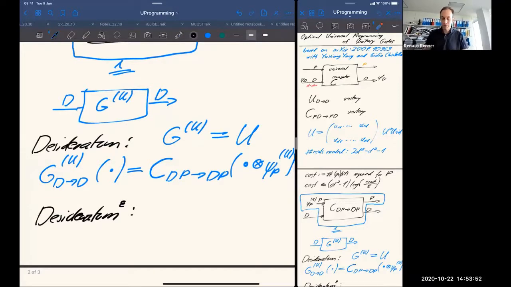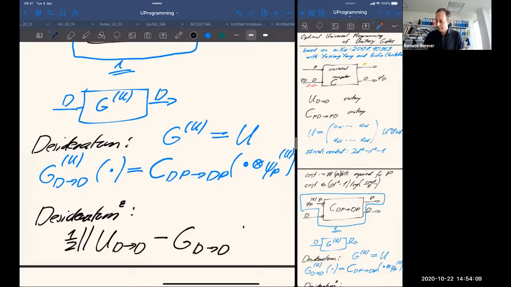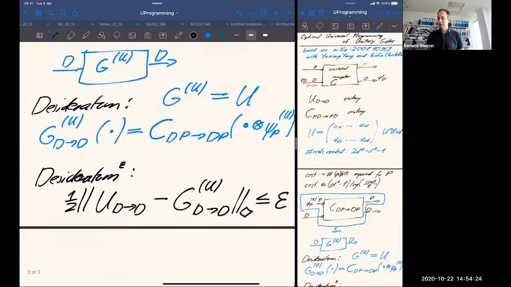I could maybe already be happy if this whole processor doesn't exactly implement U, but it may just implement something which is very close to U. So the distance between what the G does and what U does may be still positive, but as long as it's small, I may also be happy enough with that. So that's essentially what we may want. So we want that there is a program.